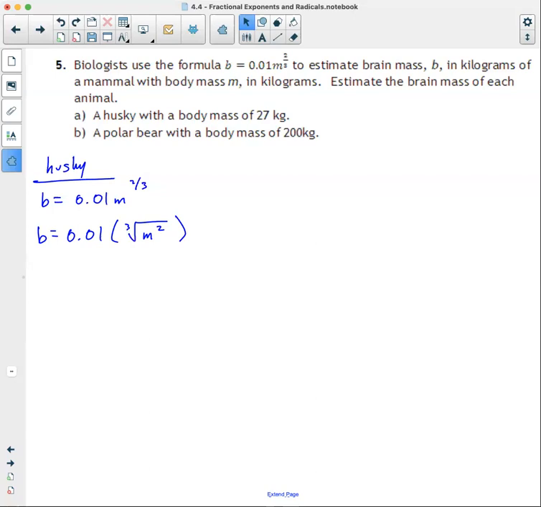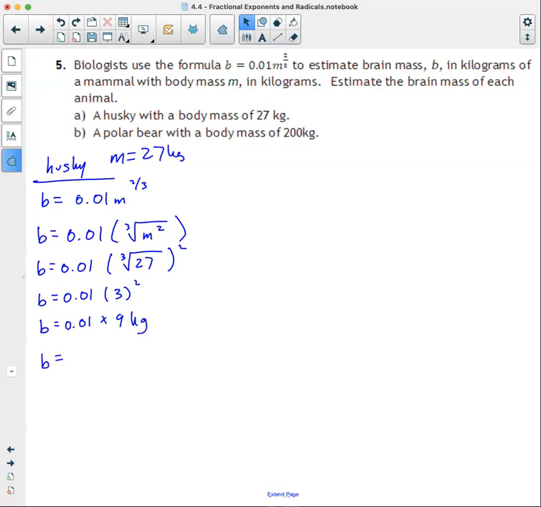So for a husky, mass is 27 kilos, so let's substitute that in for m. So B is equal to 0.01 cube root of 27 squared. Cube root of 27 is 3. 3 squared is 9. And this is all in kilos. So the brain size of a husky is going to equal approximately 0.09 kilos.